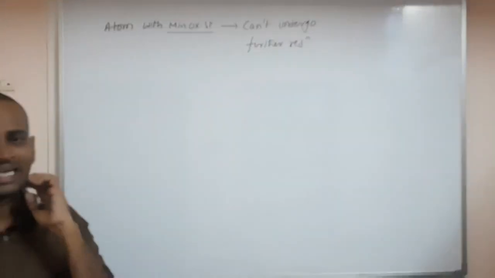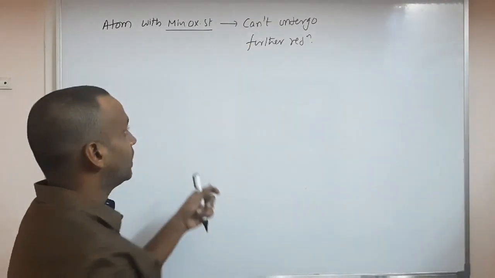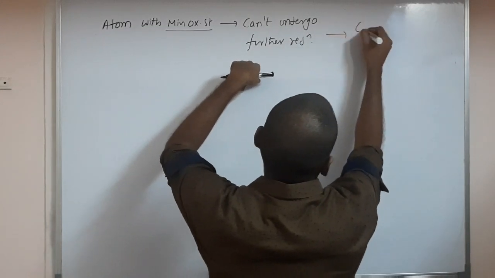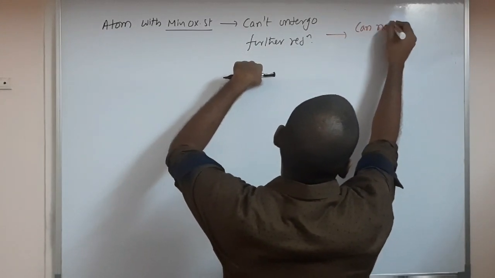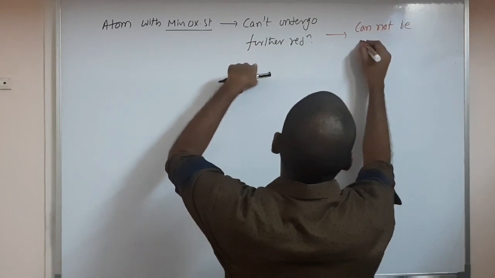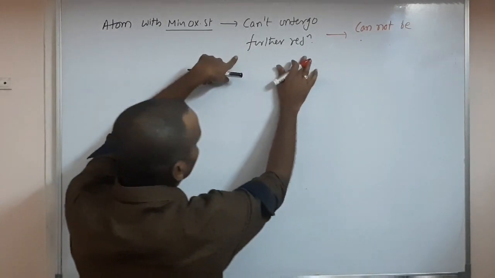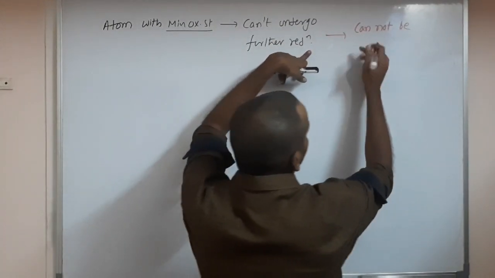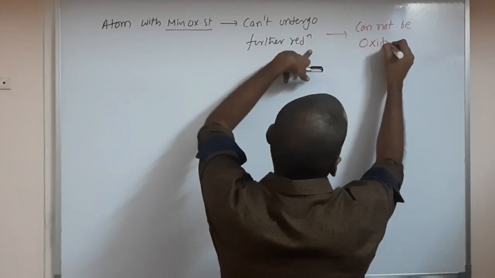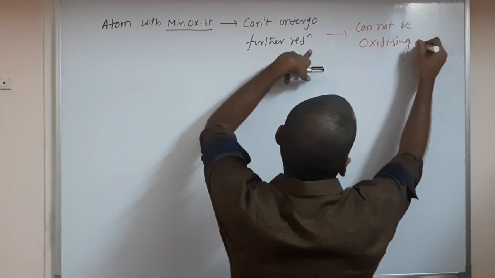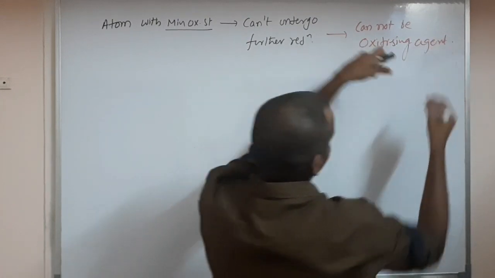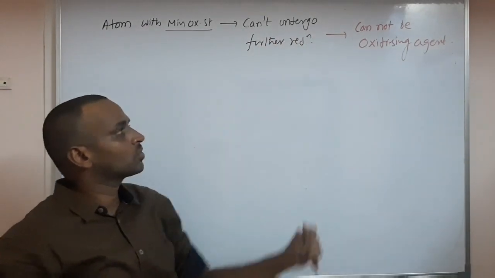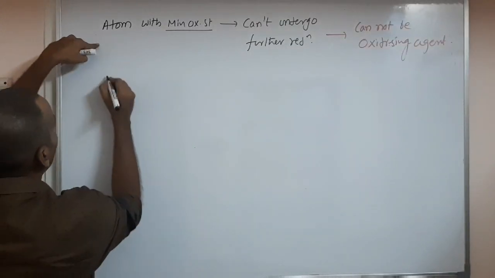Because minimum is already there, it cannot reduce its oxidation state. So cannot undergo further reduction means cannot be an oxidizing agent. Why cannot be an oxidizing agent? Because it cannot undergo further reduction.